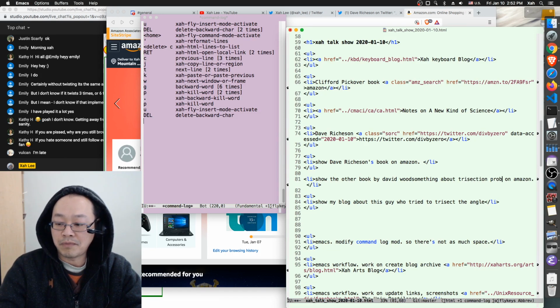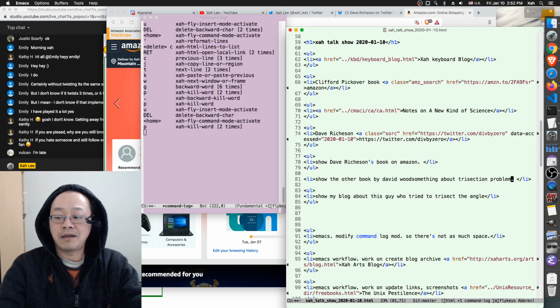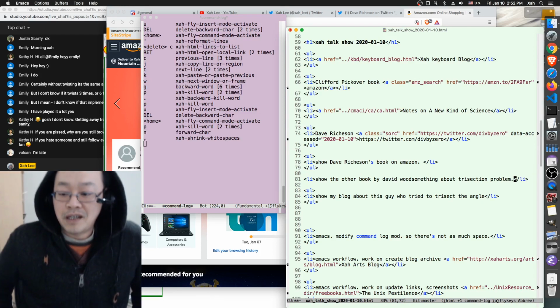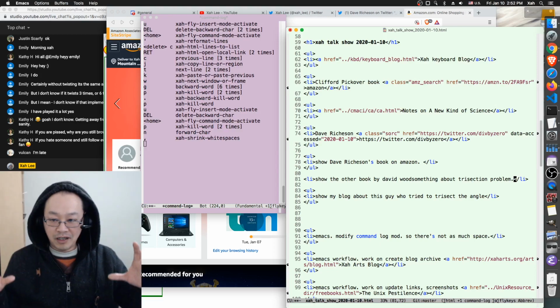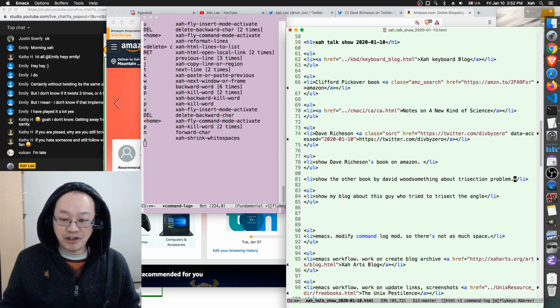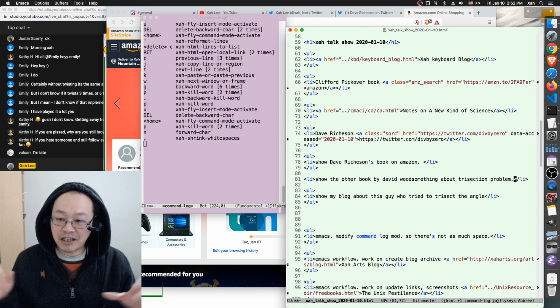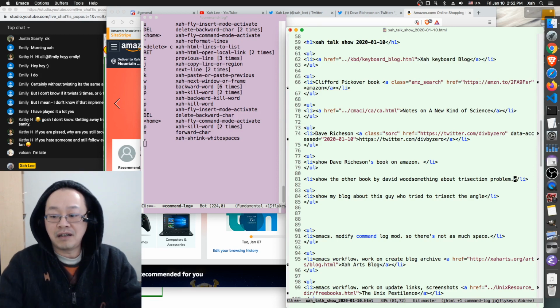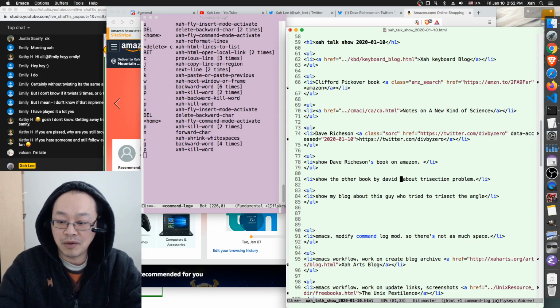trisection problem. So there is this guy, a mathematician I've corresponded with. He has published a book just like Dave Richardson on this trisection problem. And Underwood. His name is Underwood.